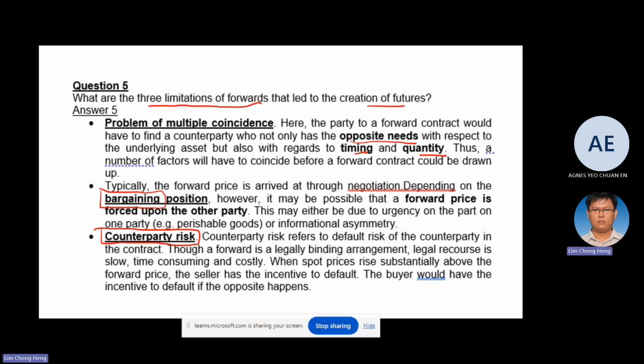So they will run away if the price benefits you. These three problems led the market to develop a new product called the future contract.